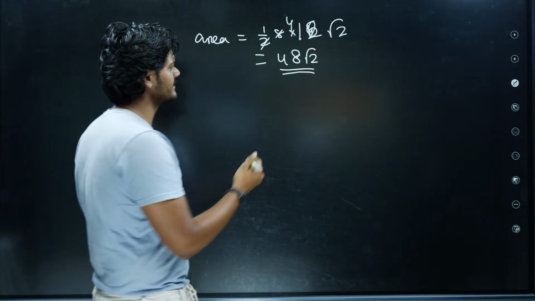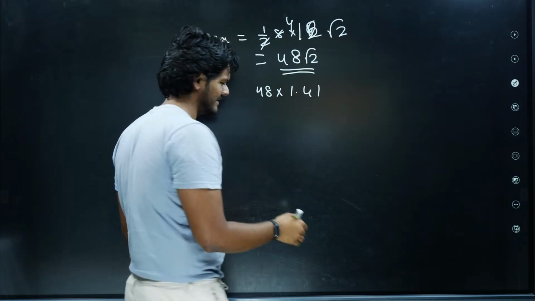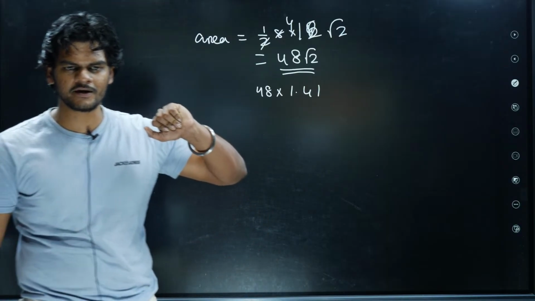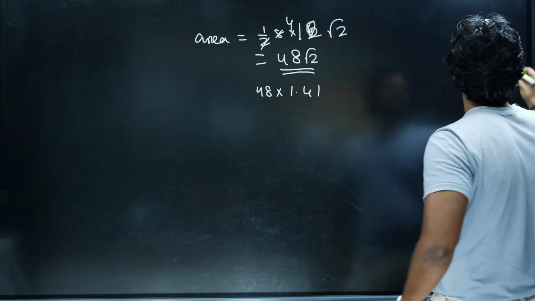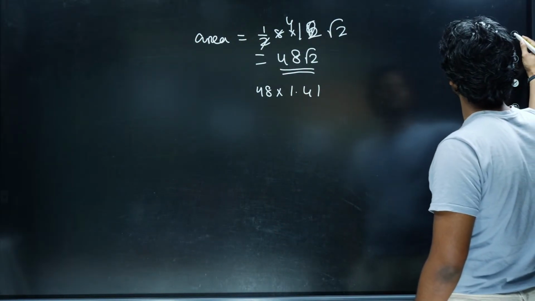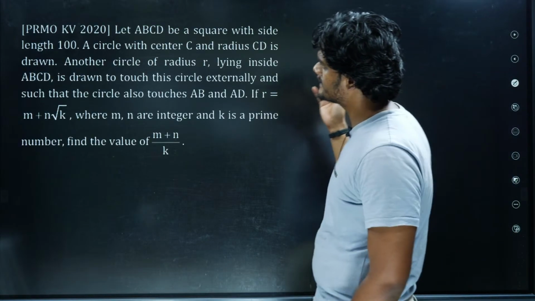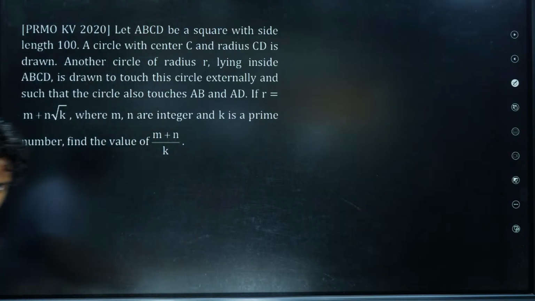So multiply it with maybe 1.41. And I mean, you do the math. I won't do that. So is that clear? I hope it's totally clear. It's very easy, right? Okay, next question. Very easy. Solve it. I'll give you some time.